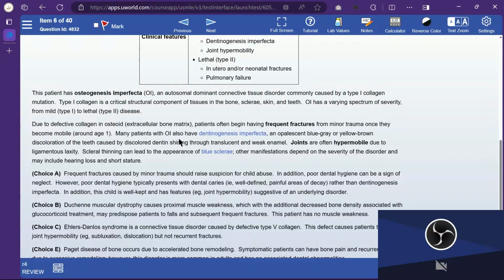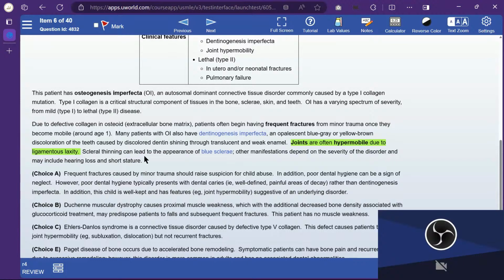Many patients with osteogenesis imperfecta have dentinogenesis imperfecta, with opalescent blue-gray or yellow-brown discoloration of the teeth caused by discolored dentin. Joints are often hypermobile due to ligamentous laxity.